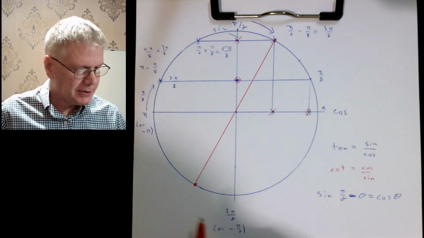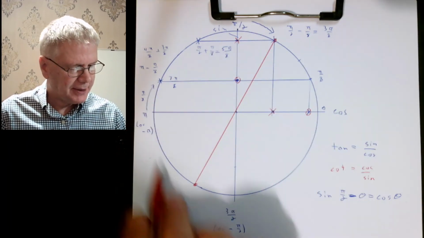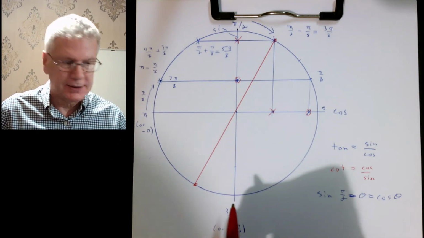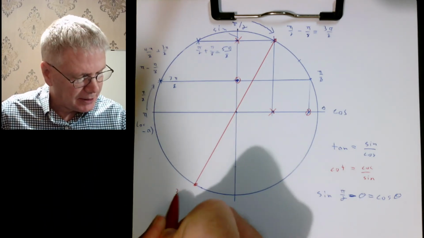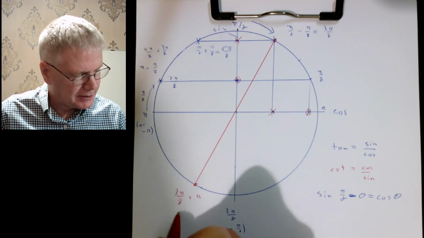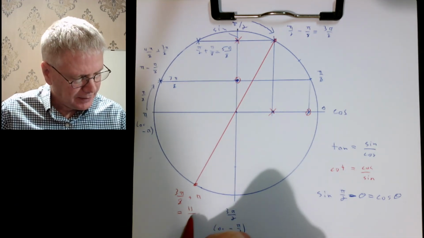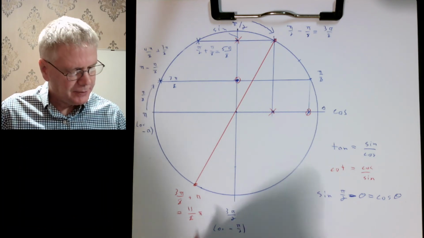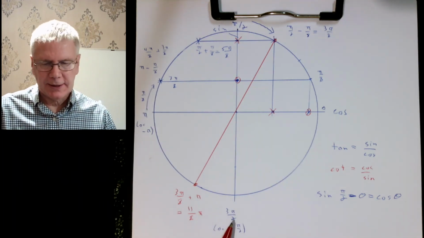So this point works too. What I did is go halfway around the circle, which is pi radians. So this is 3 pi over 8 plus pi, which is 11 pi over 8. 12 pi over 8 would be here at the bottom.